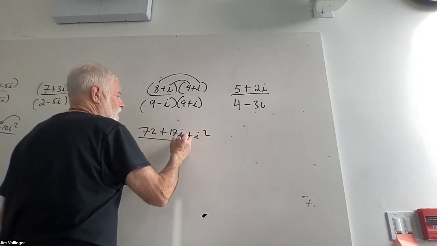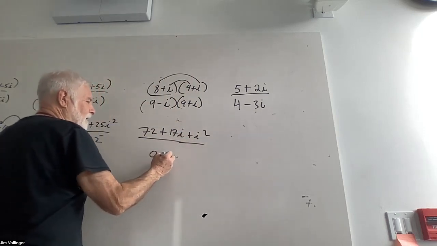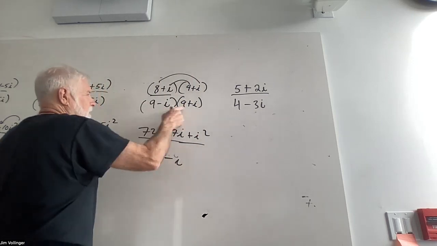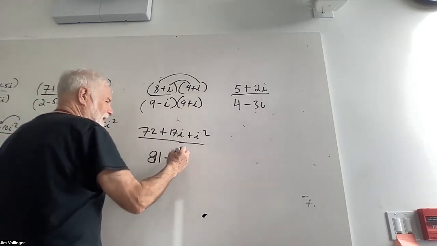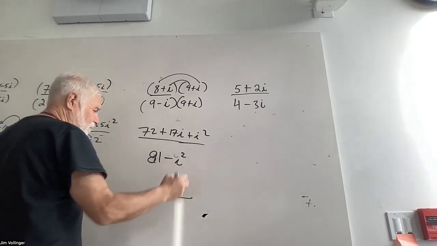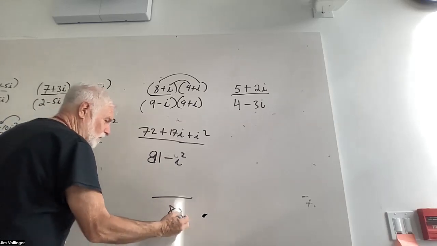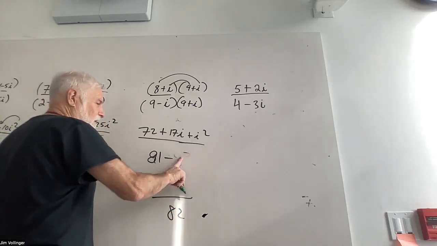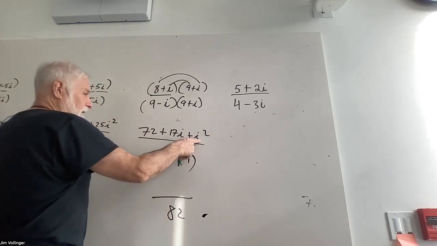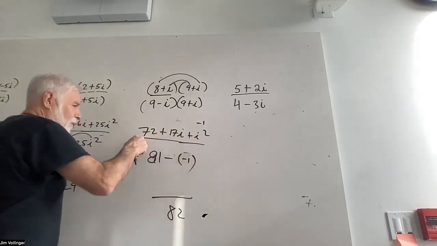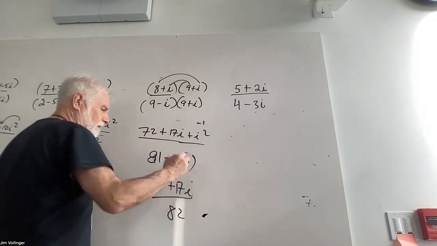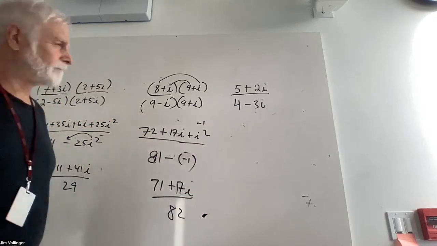Plus i squared all over 9 minus i, 81. 9 times 9, 81 minus i squared. Yeah, I hope you see that as minus a minus 1, plus 1 makes 82. Right, this i squared is -1, so 82. i squared is -1, so we drop 1, so that's 71 plus 17i. And we're done with that one.